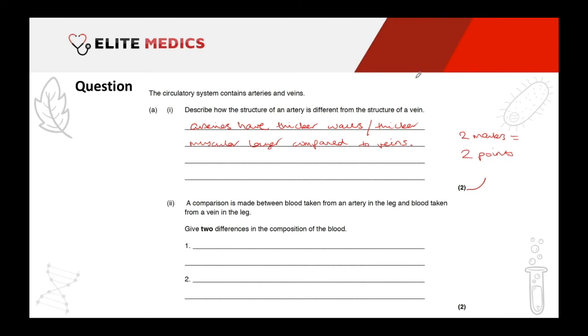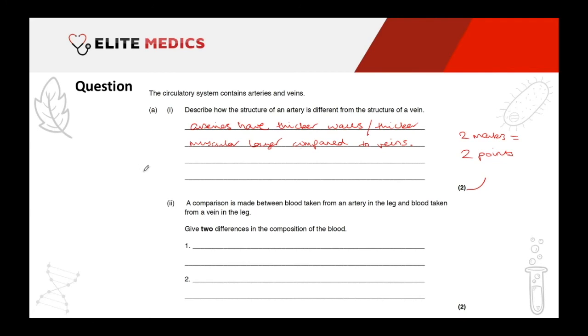Okay, so we've made 1 point, we now need to make another point. So I don't think it's sufficient enough to then just say the reverse of that. Veins have thinner walls and a thinner muscular layer. That can't count as a second point because that's just the complete converse of what you've just said. So you wouldn't get a second point. So you need to think of something else that veins have, which is exclusive to veins, that arteries definitely don't have. And that is to do with valves.